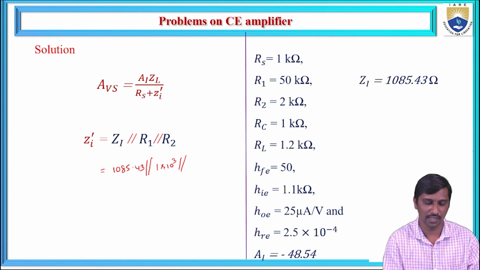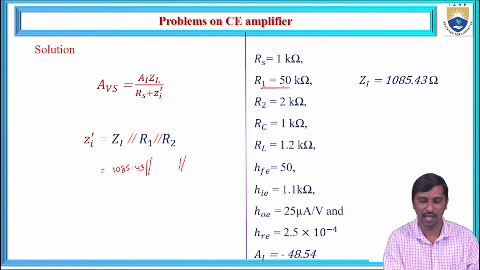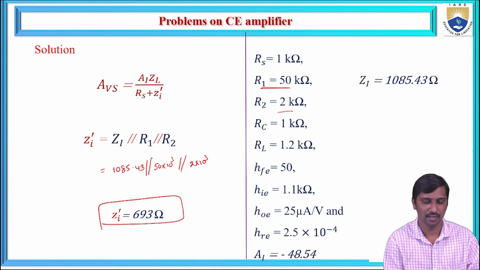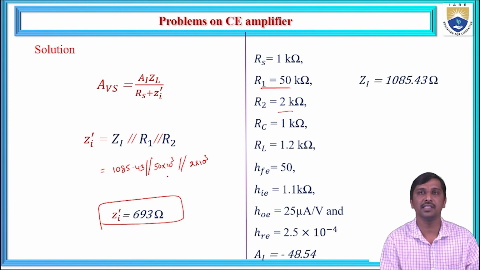So ZI is 1085.43 parallel with R1, which is 50 kilo ohms, and R2 is 2 kilo ohms. Solving, 1 by ZI dash is 1 by ZI plus 1 by R1 plus 1 by R2. That gives ZI dash is equal to 693 ohms.